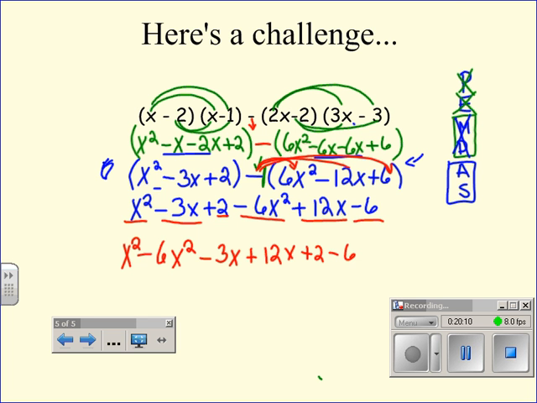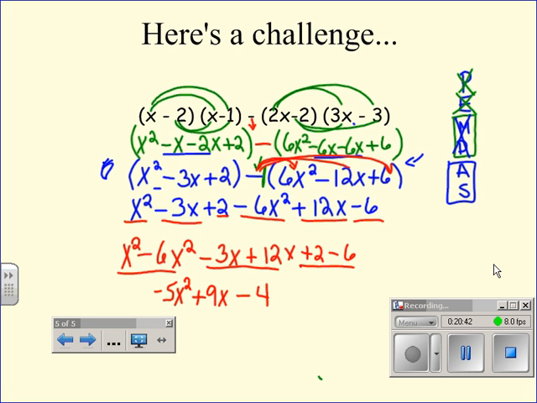I combine my like terms together. Negative x plus, or excuse me, x squared minus 6x squared will be negative 5x squared. And then negative 3x plus 12x is going to be a positive 9x. And 2 plus negative 6 would be negative 4.